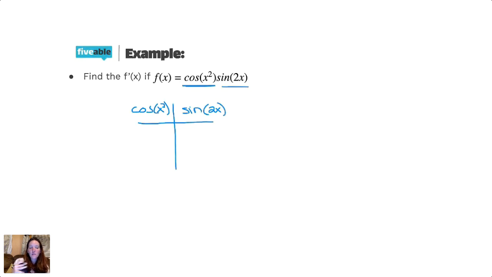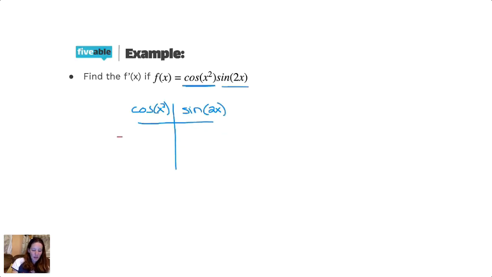Now I'm going to take their derivatives. So cosine of x squared is a chain rule problem. It's got an outside and it's got an inside. Hopefully at this point, we're going to get past the needing to write outside, inside out every time, because obviously you're not going to write that on your test unless you really want to. But you should be thinking it in your head, right? The outside function is cosine of something. So step number 1 is derivative of the outside.